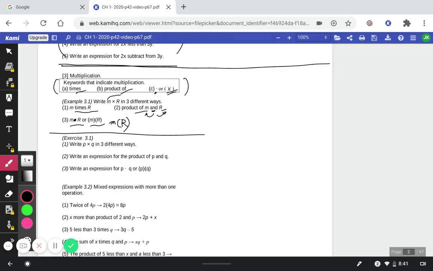So exercise, write P times Q in 3 different ways, and number 2 and number 3. Pause this video, do this, and after you finish, check your answer with the solution key at the bottom of each section. So pause the video now.